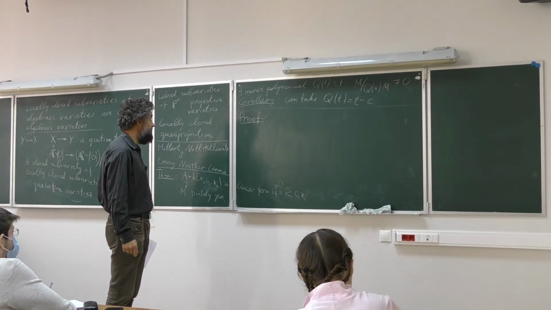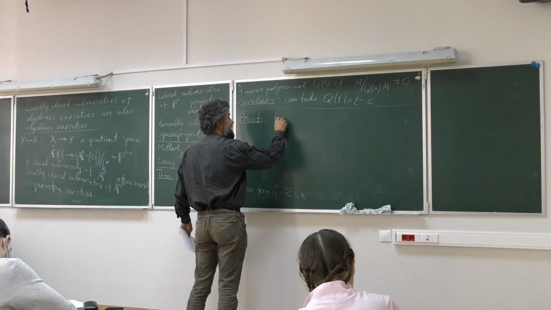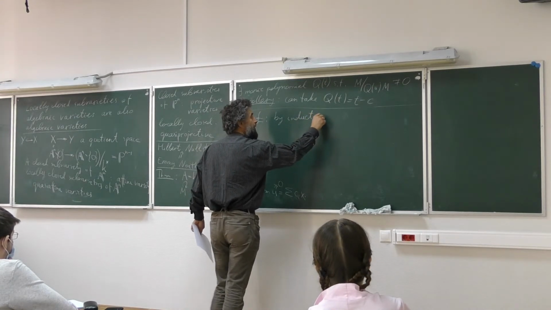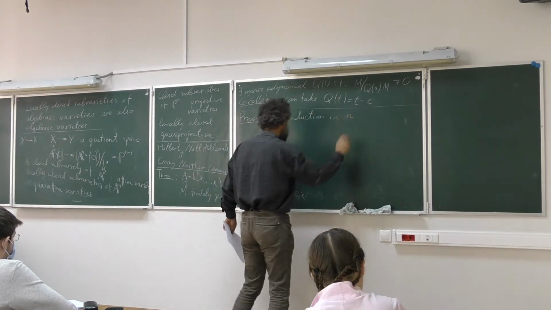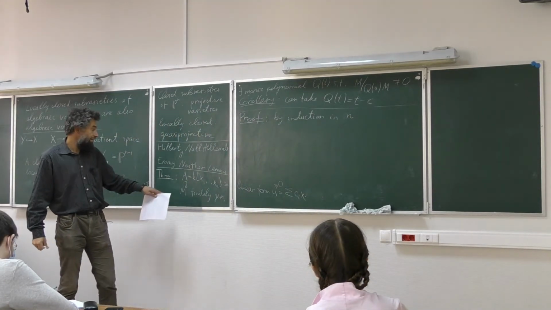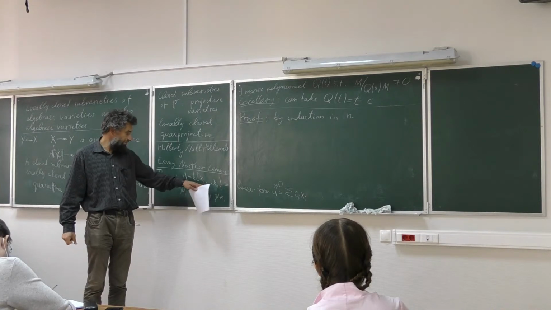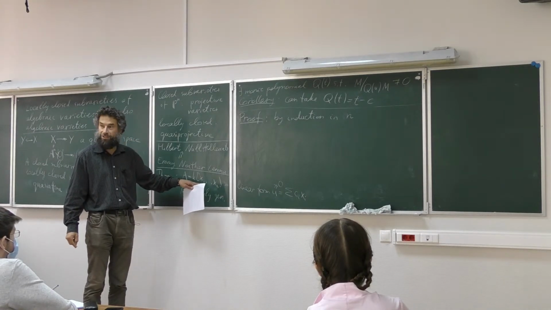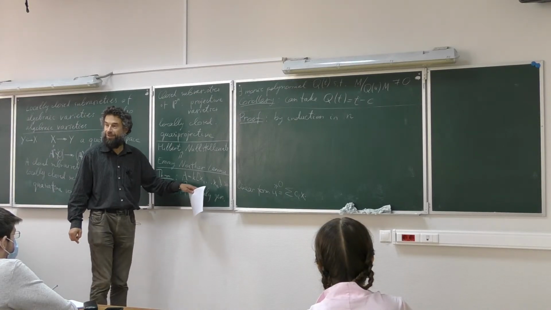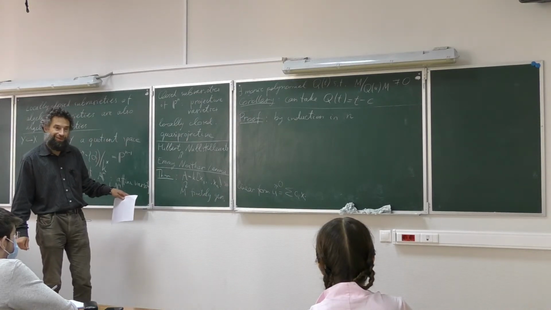And the proof proceeds by induction in n, in the number of variables. If there are no variables, then there is nothing to prove, so that's the base of our induction. If there is one variable, there is also essentially not much to prove.